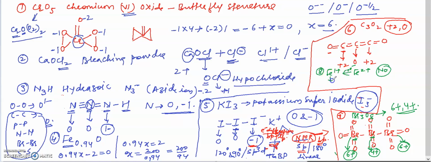And the configuration of this Fe1+ will be 4s0 and 3d7. So 3 unpaired electrons. So its magnetic moment will be approximately 3.8 BM. So this is all about the oxidation number.